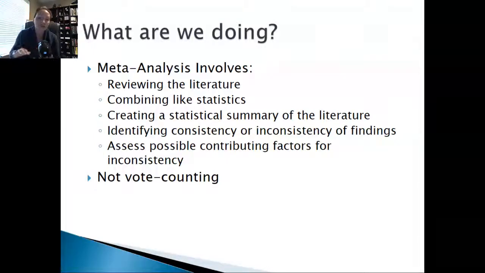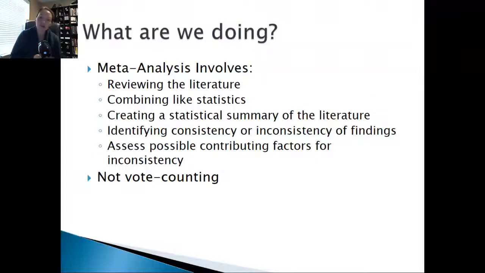We combine the statistics that are similar across articles. The statistics are more than likely not going to be identical in every article, but they will likely be similar. So we combine them. We create a standardized effect size, and so we're creating a statistical summary of that literature.